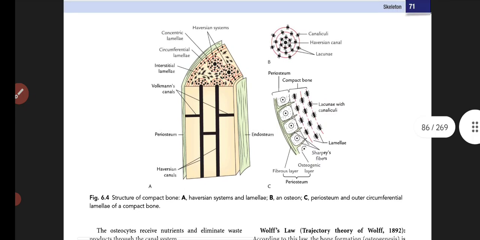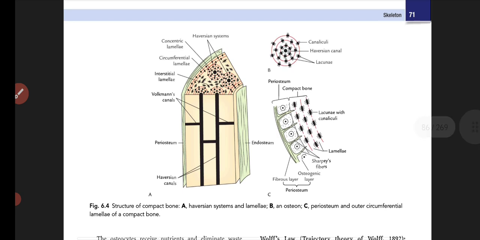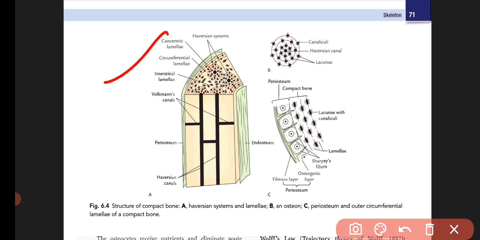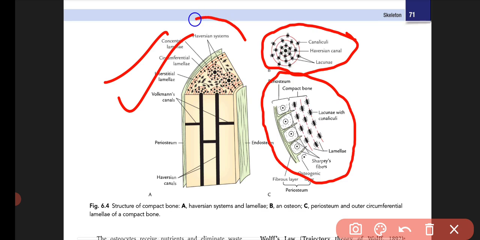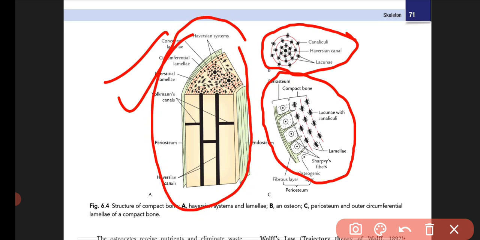These are the Haversian canals. Okay, this is the picture; you have to draw this picture. Haversian canal, lacuna, canaliculi. This portion also, and this whole portion is known as the Haversian system.